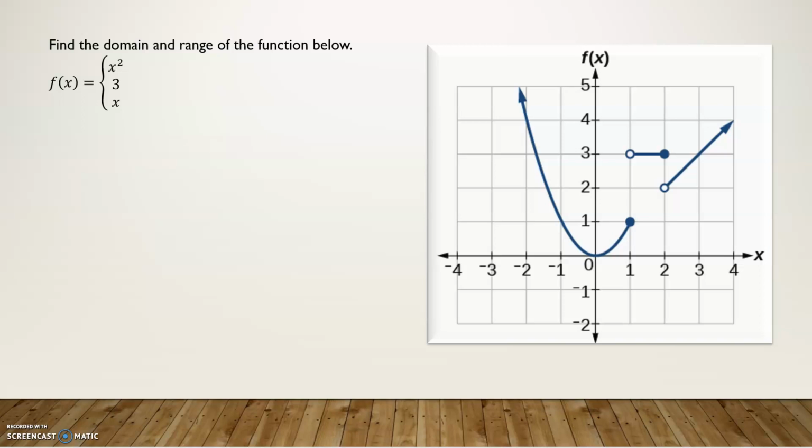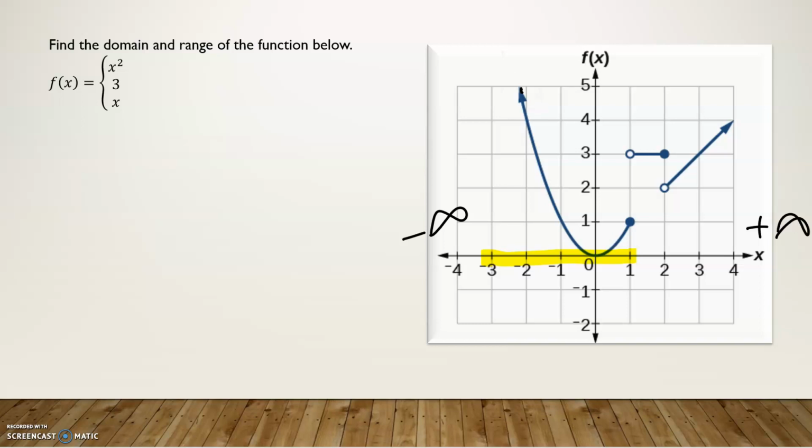So what we're trying to do is find the domain and range for each one of these. For the first one, for x squared, we're going to look at the domain, and it looks like it goes out to negative infinity. Remember, this is negative infinity over here for your x values. This is positive infinity.